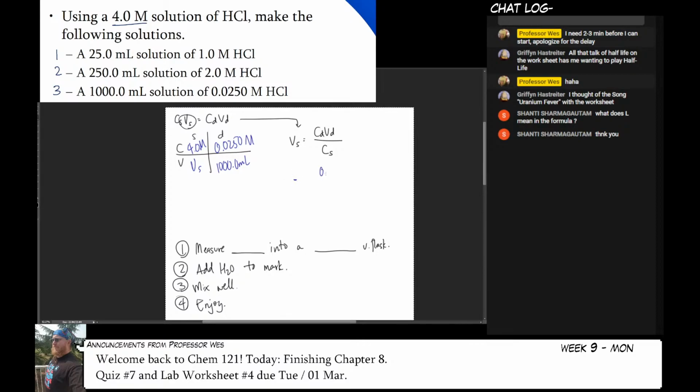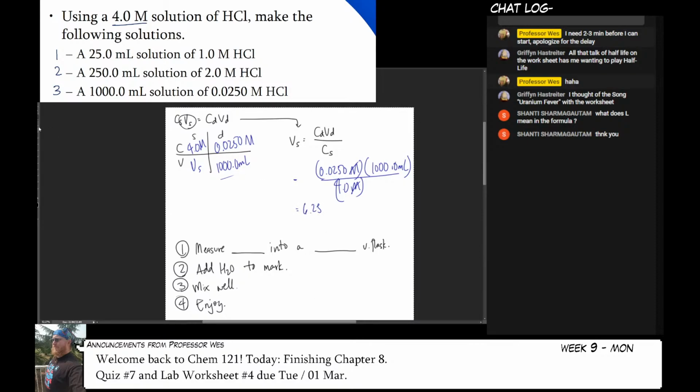Concentration dilute, sorry, 0.0250. Volume dilute is 1,000 here. And then concentration of stock is 4. And those disappear. And this one I have to actually punch in the calculator for sure. Oh, it's 6.25 again. Look at that.